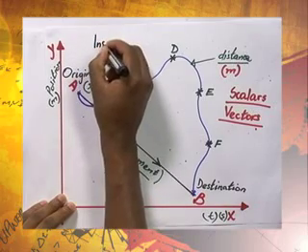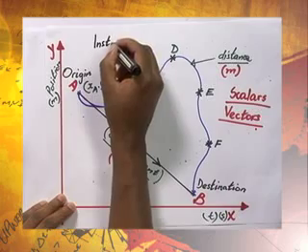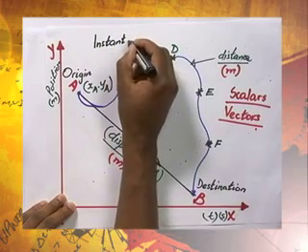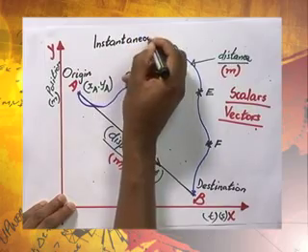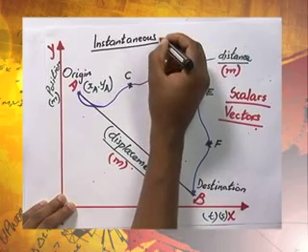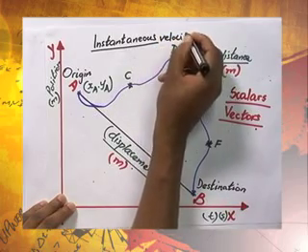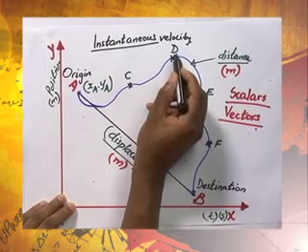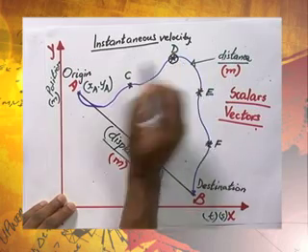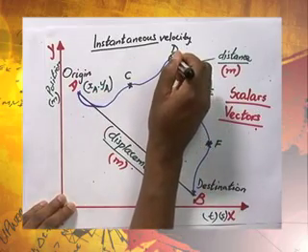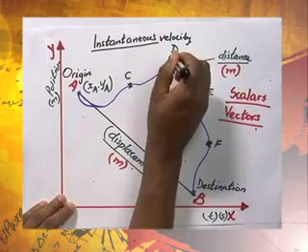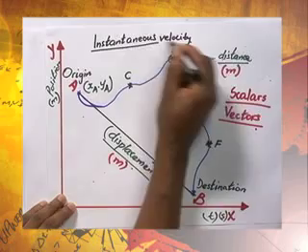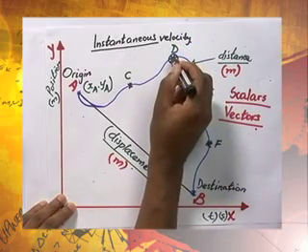Instantaneous, from the word instant, is the velocity at a point of the journey. If we choose to know how fast the object was moving at point D, for example, then the velocity at that point is the instantaneous velocity of the object. In other words, it is exactly what it was at that point.